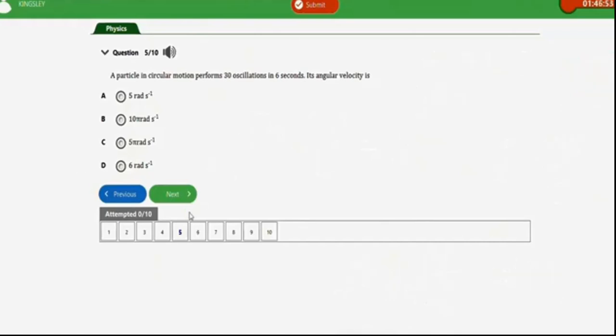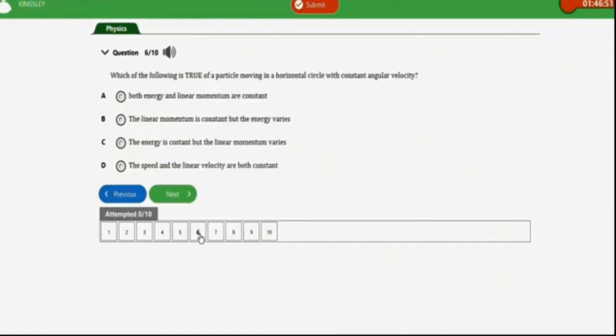Okay, so the next repeated question will be this one. It says, which of the following is true of a particle moving in a horizontal circle with constant angular velocity? Option A, both energy and linear momentum are constant. Option B, the linear momentum is constant, but the energy varies. Option C, the energy is constant but the linear momentum varies.